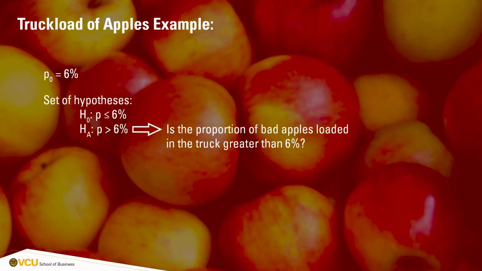Therefore, the inspector will give the benefit of doubt to the truckload meeting standards and set the null hypothesis for all those outcomes in which the population proportion of bad apples does not exceed 6%. Conversely, the alternative hypothesis will contain all the outcomes in which a truckload would be turned back, such as the population proportion of bad apples being greater than 6%.